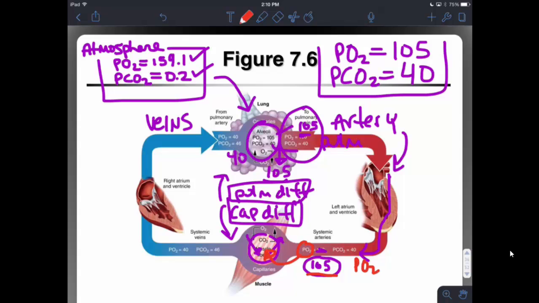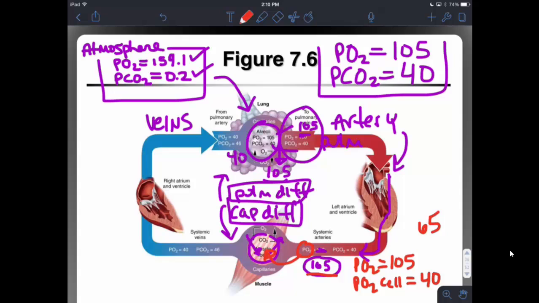Okay, so the oxygen pressure in the blood is 105. It's not on your picture, but I'll tell you right now that the PO2 inside of the cell at rest is 40. Okay. So again, we have a gradient of 65.